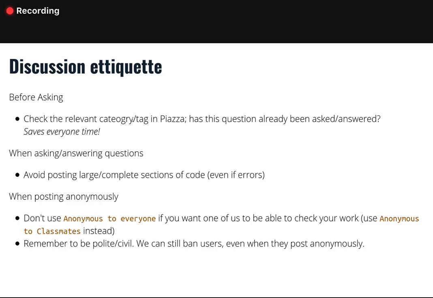One of the nice things about Piazza is that it does allow you to post anonymously, and I am a big advocate of making sure that everyone has the opportunity to post completely anonymously. There's a couple caveats with that. If you actually want help with something, when you post anonymously, there are two options. You can either be anonymous to everyone, myself included, or you can be anonymous just to your classmates.